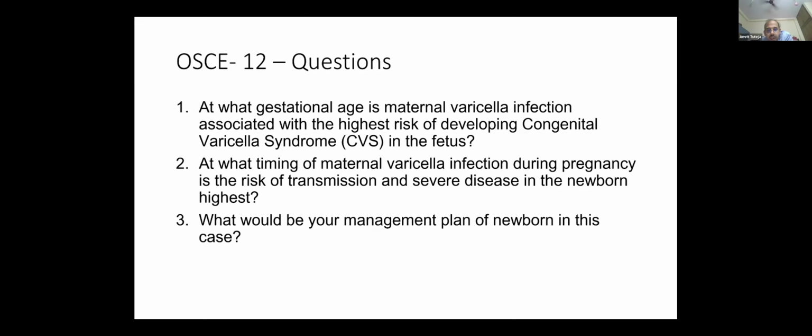And then what will be the management of the newborn? And can breast milk be given to the baby in this case? So, 2 days before, 5 days after, some said 5 days before, 2 days after.